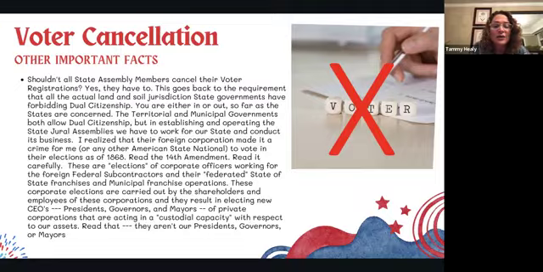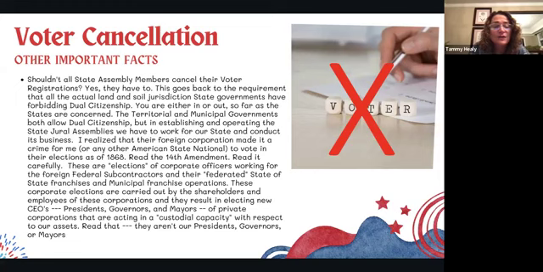These corporate elections are carried out by the shareholders and employees of these corporations, and they result in electing new CEOs, presidents, governors, and mayors of private corporations that are acting as, quote, custodial capacity with respect to our assets. Read that.